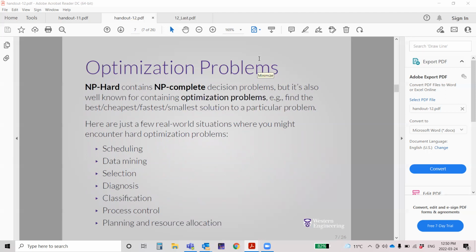We defined it last time. P is deterministic polynomial time problems, which are solved in polynomial time. NP is non-deterministic polynomial time problems. What is the difference between deterministic and non-deterministic? Deterministic means I have only one path, one route to reach the end, whether it accepts or rejects. In non-deterministic, there are multiple possible paths.